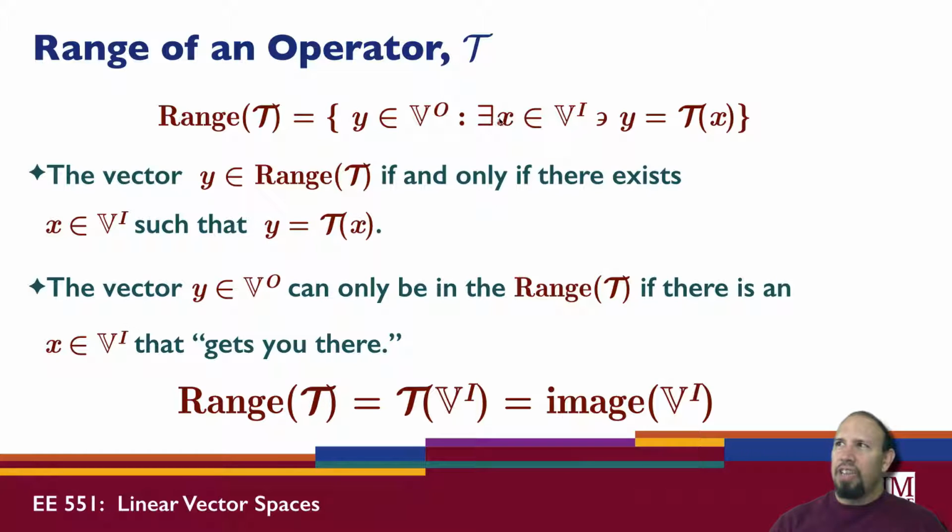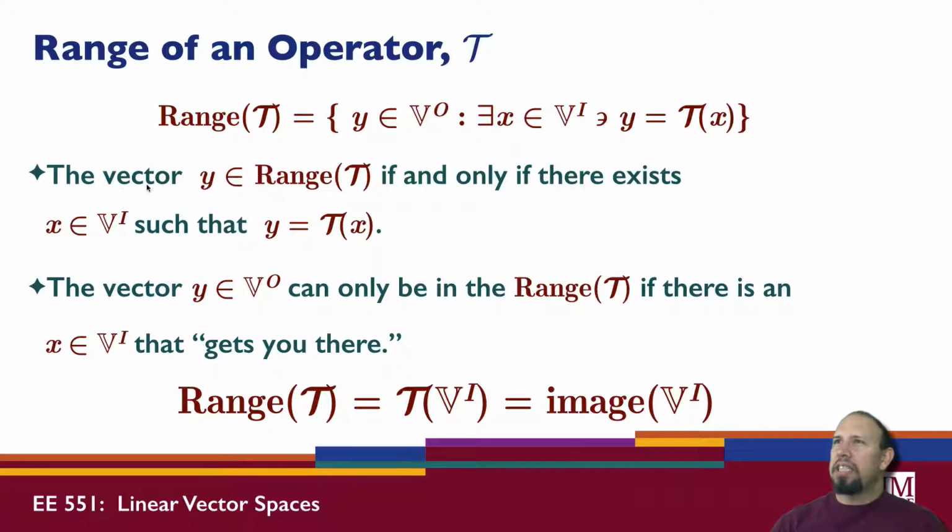So this is saying there exists an x, which is an element of the input space. Okay, so there exists x in the input space. This little backwards E means "such that." There exists x in the space V_i such that y is equal to Tx.